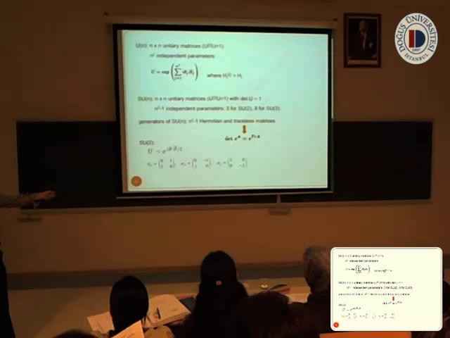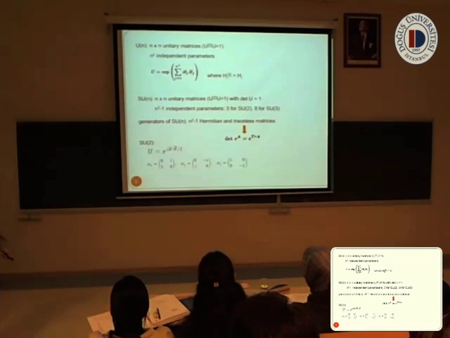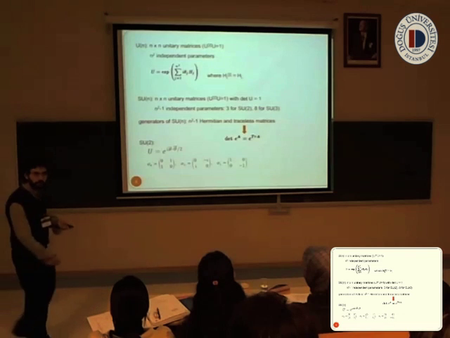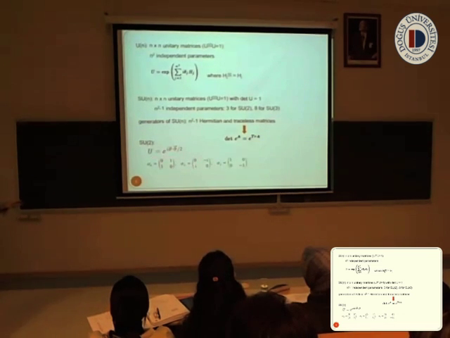Due to this relationship, which you can show most easily if you diagonalize a matrix by a similarity transformation. So, for example, for SU2, you write the SU2 group in this form again, exponential of generators. Generators are called Pauli matrices. They are Hermitian and traceless matrices. You have a set of 3 Hermitian and traceless matrices.